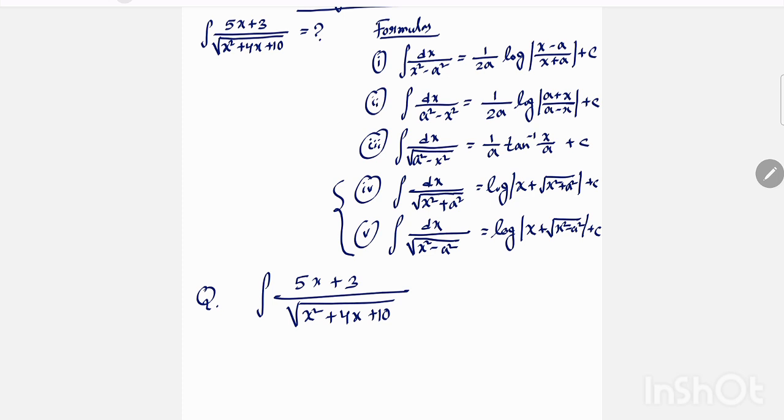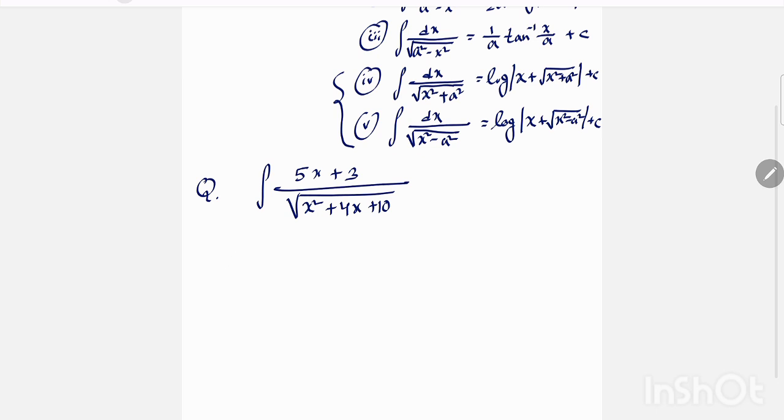Now some notes I want to discuss: whenever there is a form where in the denominator there is a term in the form ax square plus bx plus c, where a, b, c are real numbers, and in the numerator the form is px plus q, like this.